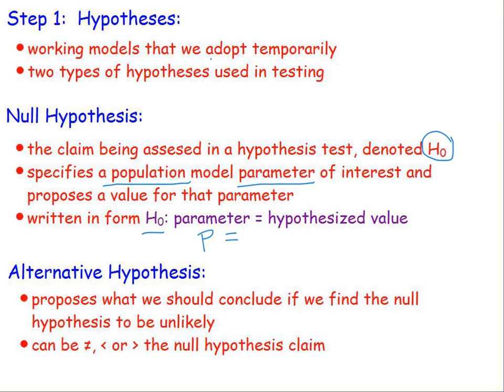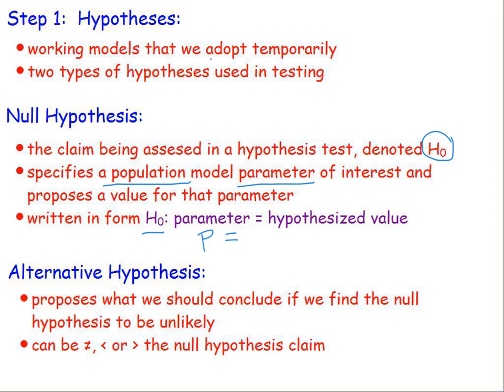So we could simply be saying that the original value is no longer possible. That's a not equal to. We could claim that it is now lower than the original value, or we could claim that it is now higher than the original value. And we're going to dive a little deeper on the next slide into this alternative hypothesis.